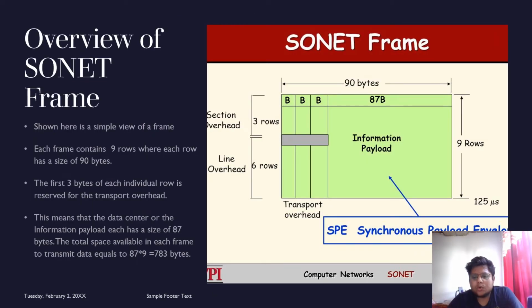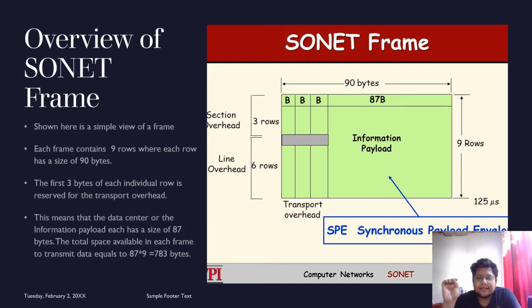Let's move on. If we want an overview of a SONET frame, let's go step by step. Here we show a simple view of a frame. Each frame contains 9 rows and each row has a size of 90 bytes. Every row has 3 bytes reserved for the transport overhead.